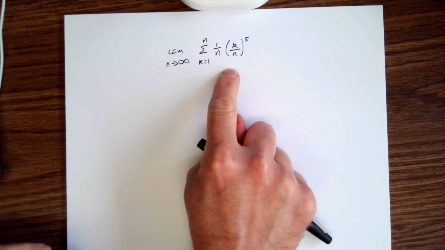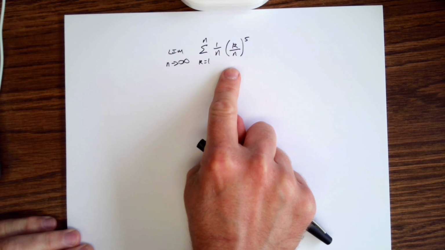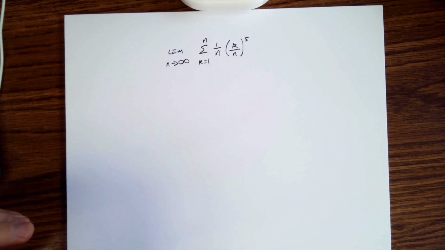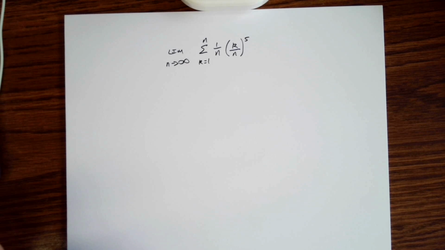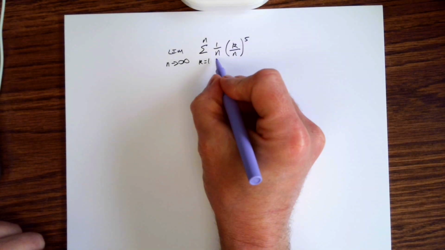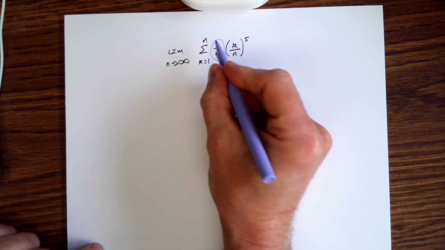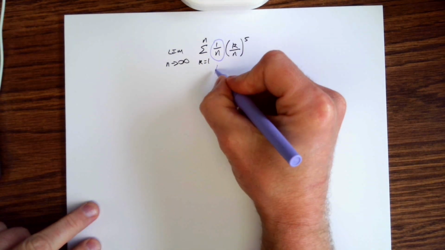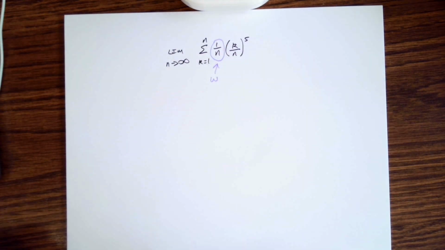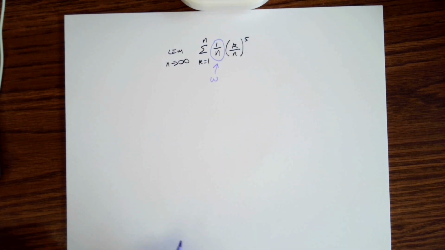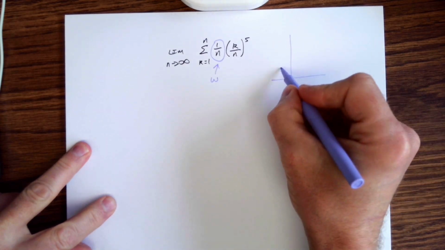And the question might be, well, what particular expression or function is this attached to? Well, there are a couple of key indicators here, and let's talk about those for a second. First and foremost, right here, that would be your width. That'd be the change in x between the individual pieces. So whatever your curve is, let's just make some generic curve over here.